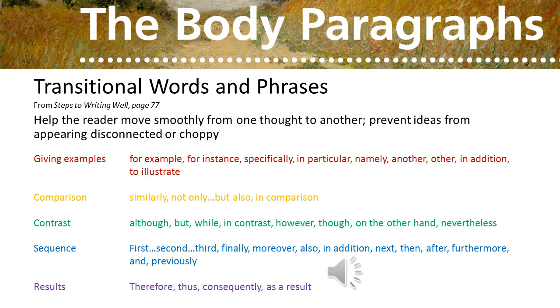It is just first or second or third on down the line. Finally indicates you've reached the final point or final addition you're making in the sequence. Moreover, also, in addition, next, then, after, furthermore, and then previously. Okay, if you're making reference back. And then finally, if you're indicating the result of something, you would use one of the following words: therefore, thus, consequently, or as a result.